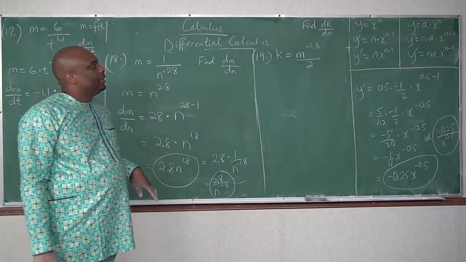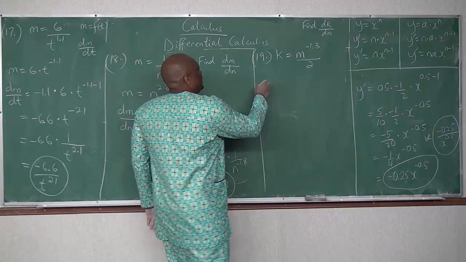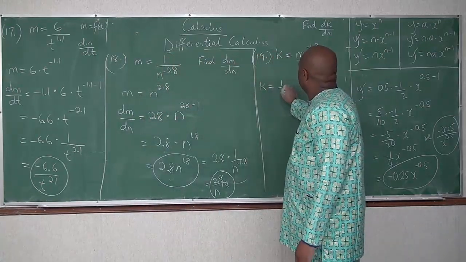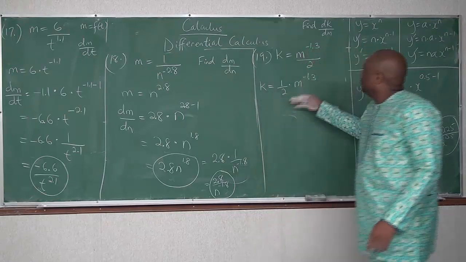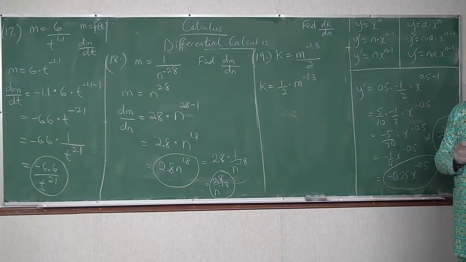Okay? So let's put it in this form, exponent form. Let's do that. So this will be K equal to 1 over 2 times m negative 1.3. Do you understand what I just did now? Okay?